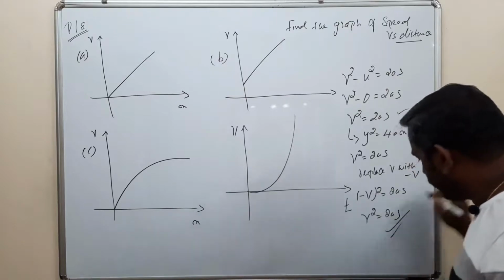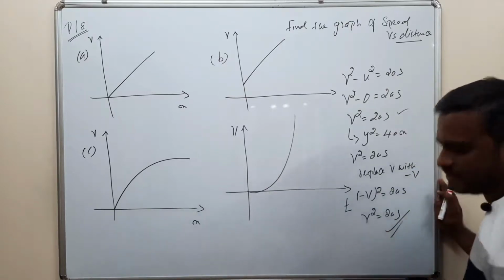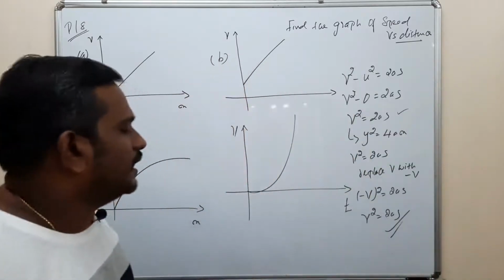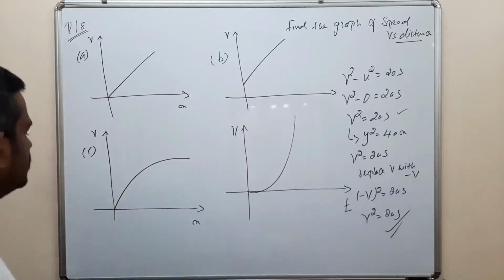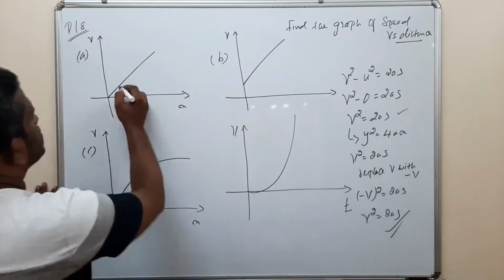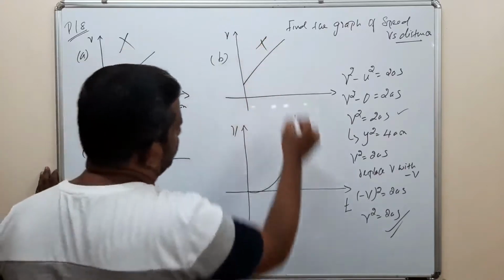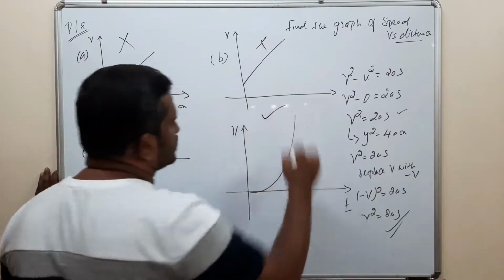So from this what can we conclude? The graph is symmetric about the displacement axis. So this one is not a parabola, but this is a parabola, and this is a parabola, and this is also a parabola.